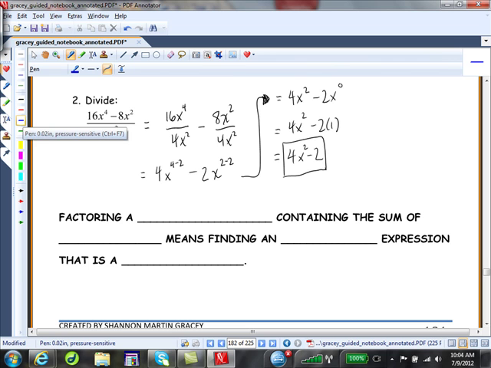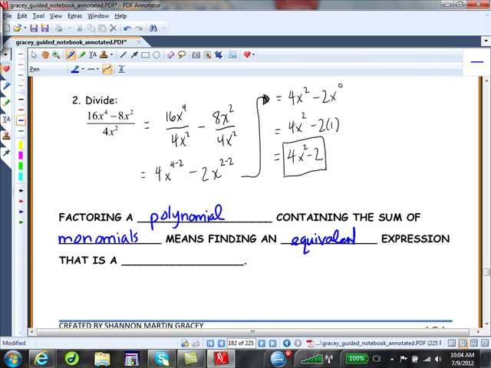Factoring a polynomial containing the sum of monomials means finding an equivalent expression that is a product.